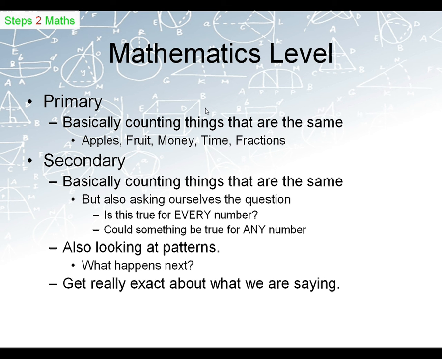At secondary level, we ask, if I divide any number by 2, will I always get a whole number? Which you probably know now is not actually true. We can also ask, if I have any number and divide by any other number, will I always get a fraction? And this may not be true. So we discover new things at secondary level when we're looking at patterns and general numbers.